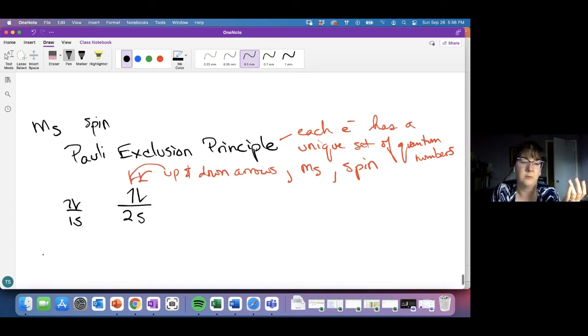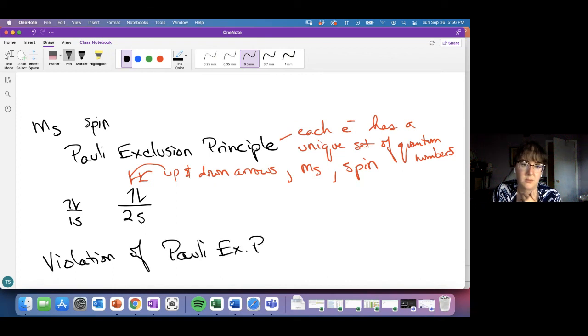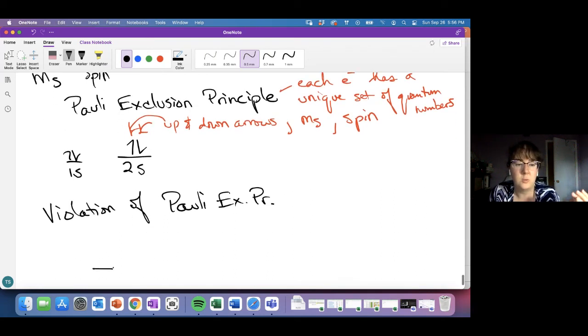So for example, if we were looking for a violation of the Pauli exclusion principle, which yes, I'm going to start abbreviating kind of randomly, what we would be doing is we'd be looking for something where I have all up arrows or all down arrows. So these would relate to a violation of the Pauli exclusion principle.